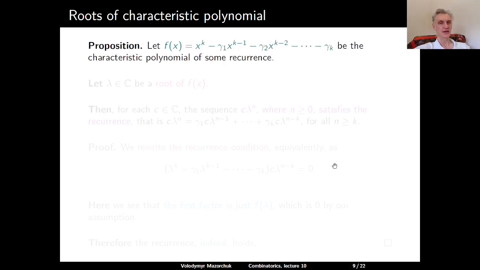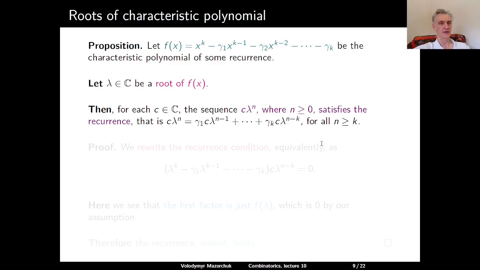Proposition: let f of x, which is equal to x to the power k minus gamma 1 x to the power k minus 1 minus and so on minus gamma k, be the characteristic polynomial of some recurrence. Let lambda be a root of this polynomial. Then, for each complex number c, the sequence c times lambda to the power n, where n is greater than or equal to 0, satisfies our recurrence.